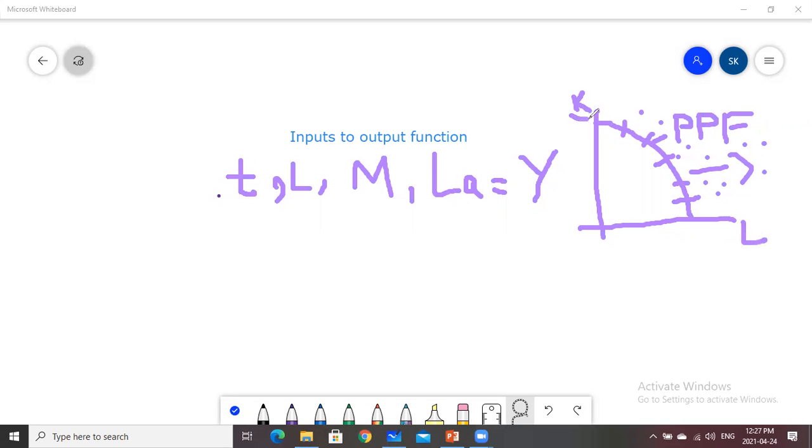There are some commodities which are capital intensive, so the amount of capital used in the production of those goods will be higher than the amount of capital used in labor intensive goods. So the production possibility frontier differs in terms of the nature of output. Some commodities require different proportions of capital and labor, while some production functions have the same proportion of labor and capital.